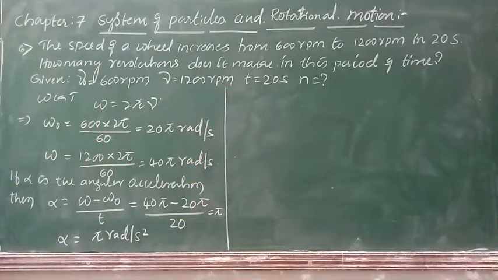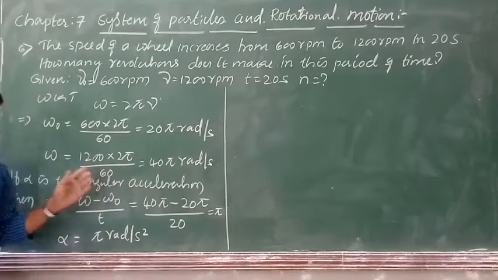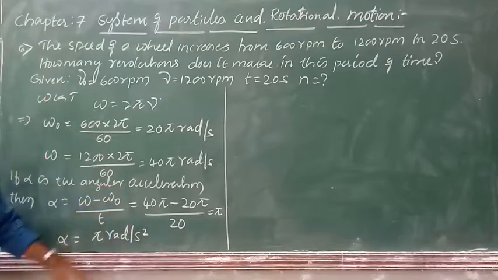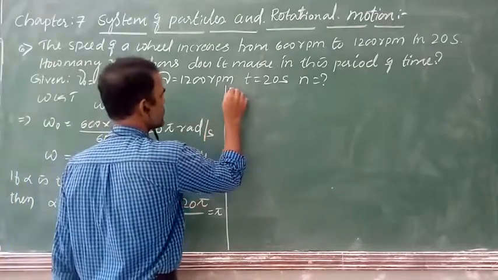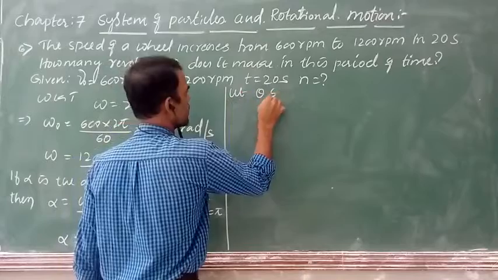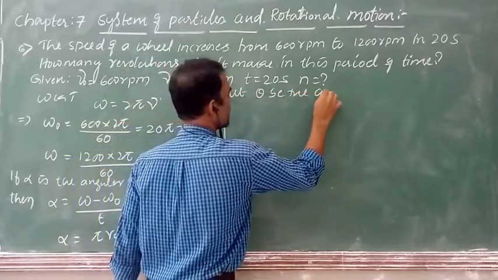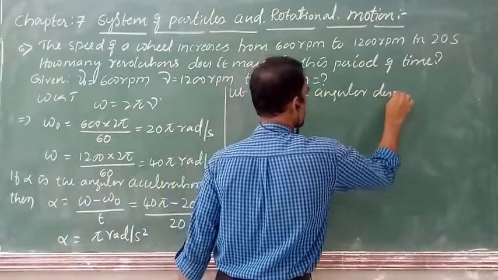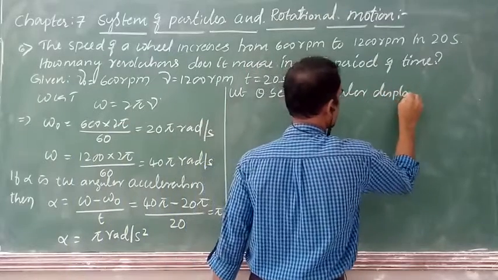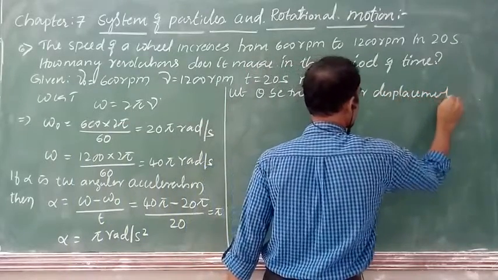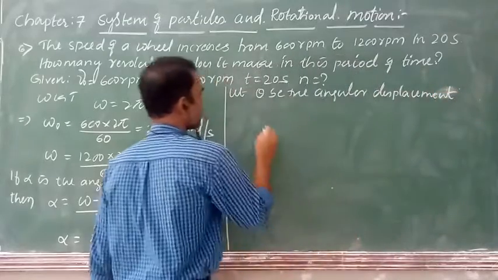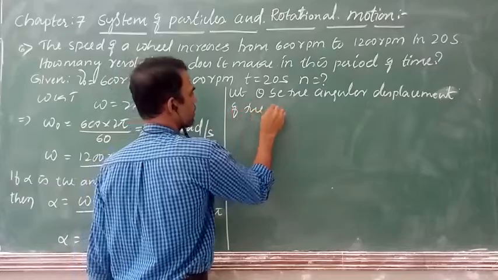So now I want to know what is the total angular displacement of the wheel in the time period of 20 seconds. Let theta be the angular displacement of the wheel.